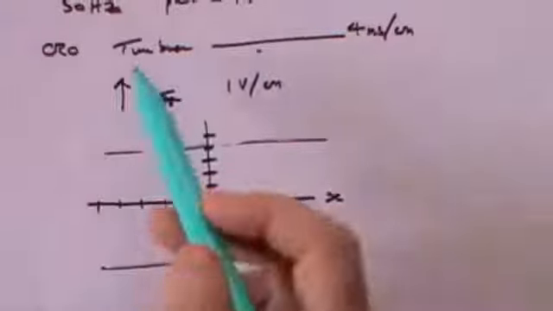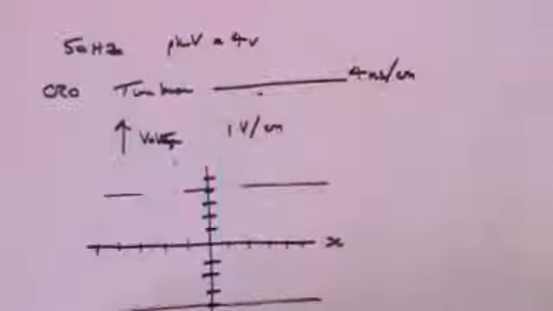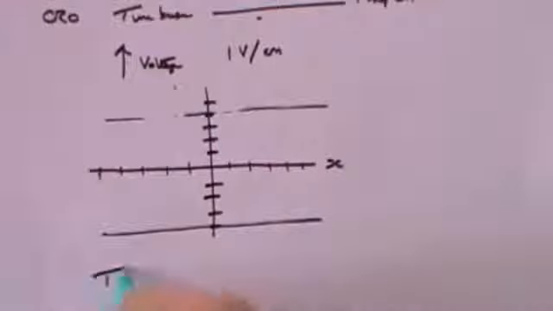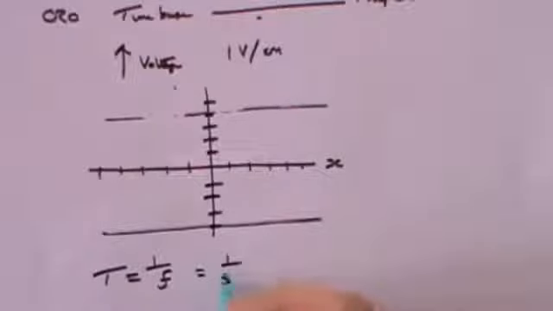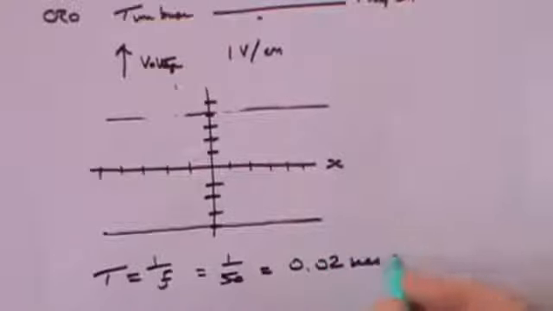But what about the time axis? Well, we know the frequency is 50 hertz, and we know that the period is equal to 1 over f. That is to say, the time for one wavelength is 1 over f, which is 1 over 50, which is 0.02 seconds.